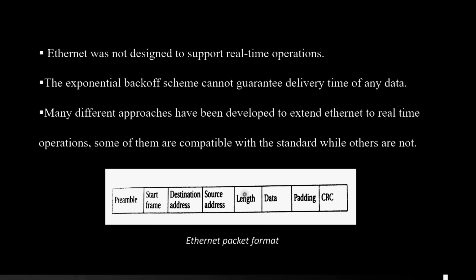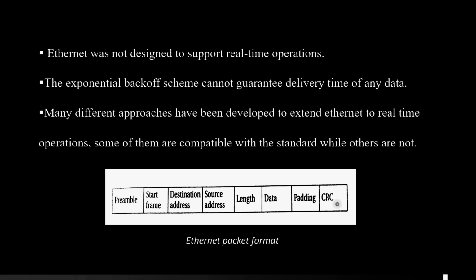The next field is the length field. It is a 2 byte field which indicates the length of the entire Ethernet frame. Data field. This is the place where actual data is inserted, also known as payload. This is the padding field. The next one is the CRC, cyclic redundancy check.